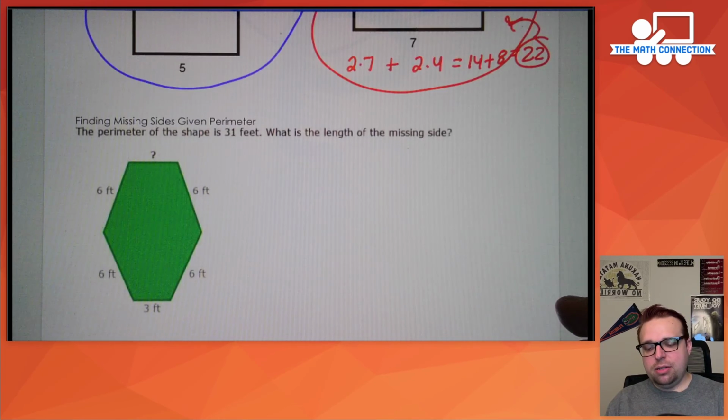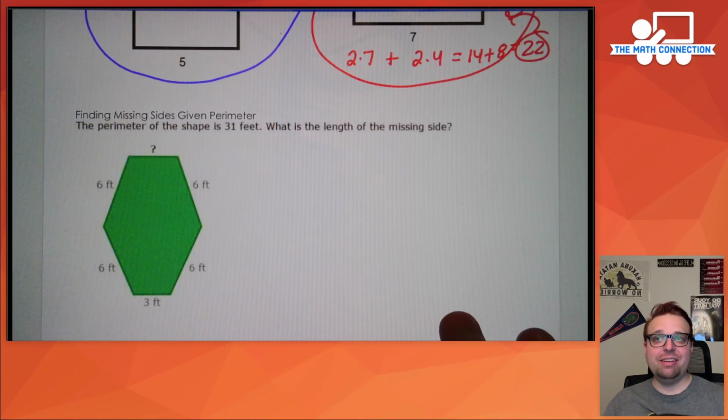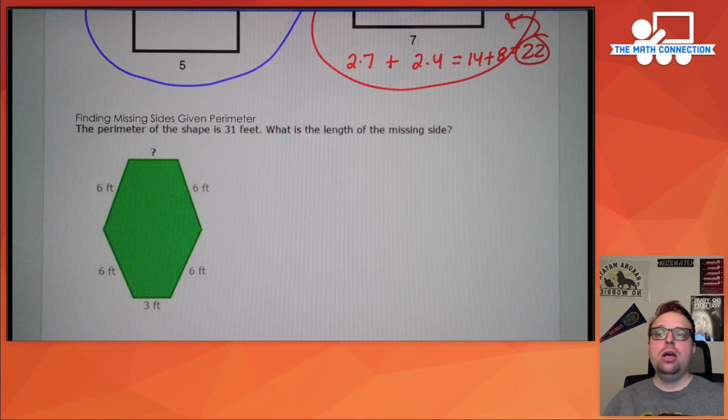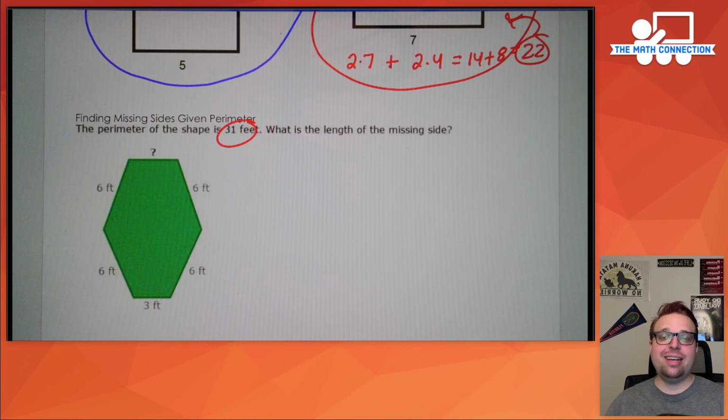Okay, this type of problem says you're finding a missing side given that you know what the perimeter is already. So this is a different type of problem. So you already know the total measurement of all the sides. In this example, it's 31 because they said the perimeter was 31, right?